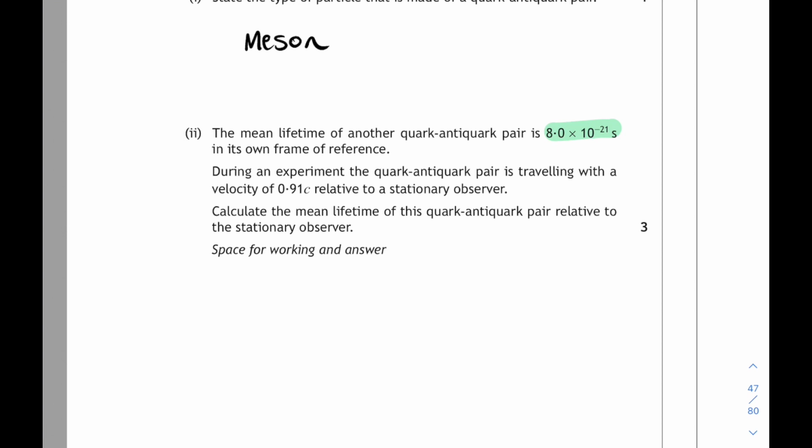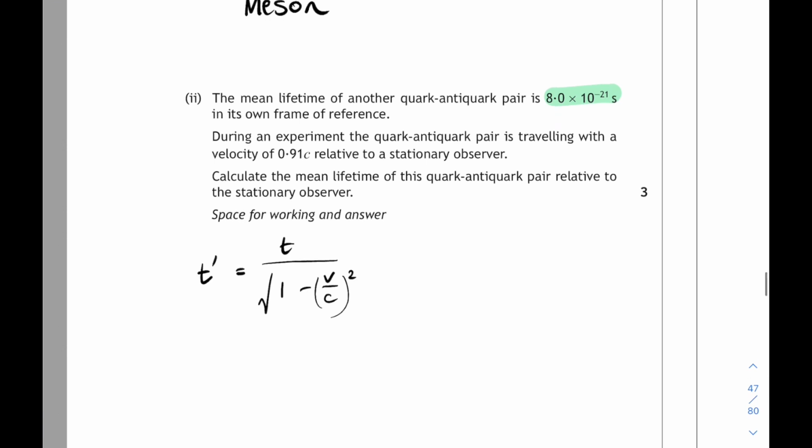So let's go to our relationship sheet and write down the time dilation relationship. Now it's T dash that we're looking for here because it's the lifetime of the moving quark-antiquark pair relative to the stationary observer. So there's no rearranging to do here. It should hopefully just be a straightforward substitution of the numbers into that relationship. So there's the lifetime, and that's over 1 minus 0.91 c over c all squared.